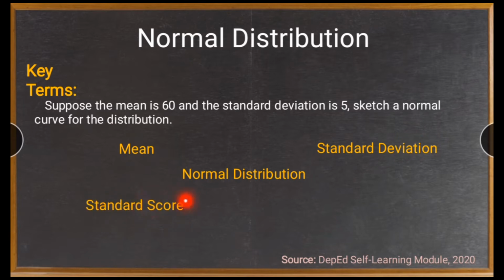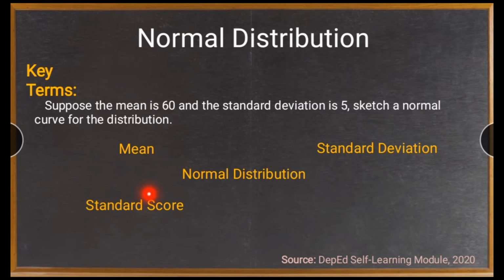We also have standard score. This is denoted by letter Z. Standard scores are Z scores with a mean of 0 and a standard deviation of 1. This can be computed by the formula raw score minus mean all over standard deviation.